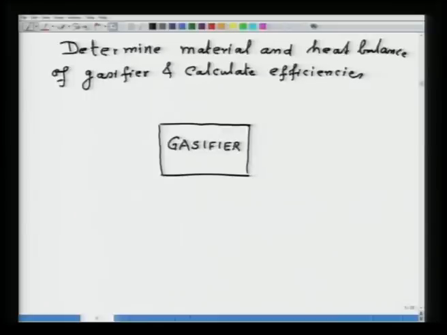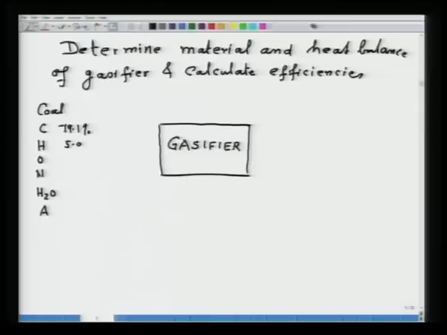To which the coal is supplied, and the composition of coal: carbon, hydrogen, oxygen, nitrogen, H2O and ash. Carbon 79.1, of course, it is on weight percent.